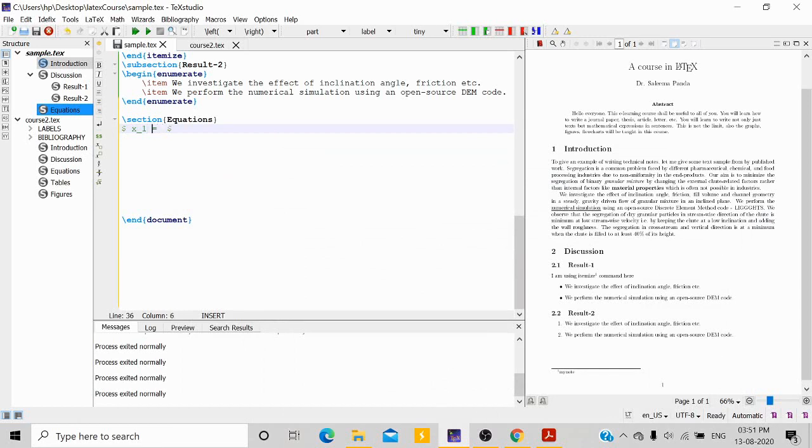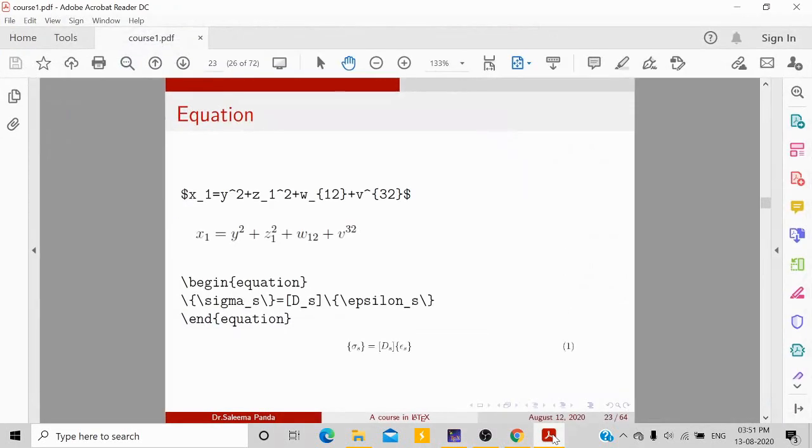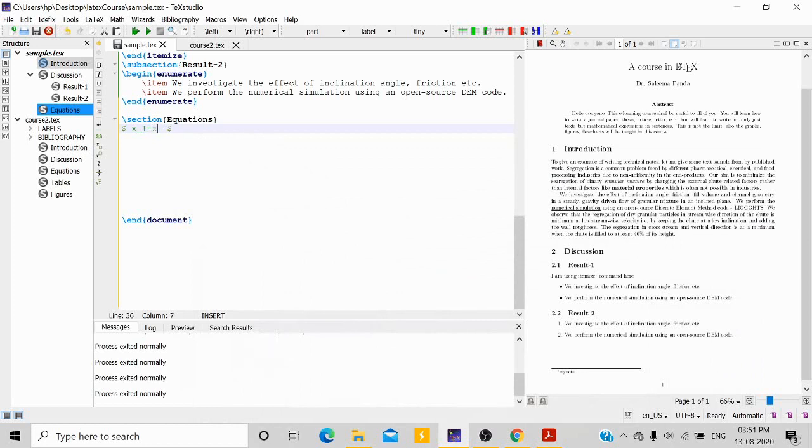It's also not required to put spaces; you can write it directly. x1 is equal to y square plus z1 square, plus w12 was there, so w, I have to put underscore because that is a subscript, then curly braces 1 2, then plus v to the power 3 2. Fine, let me run this.